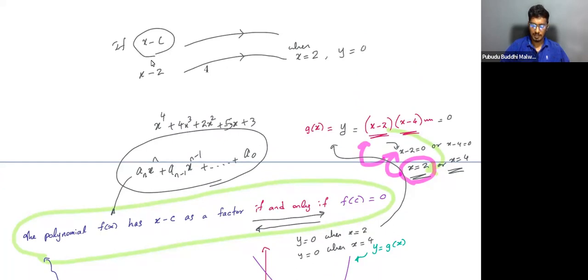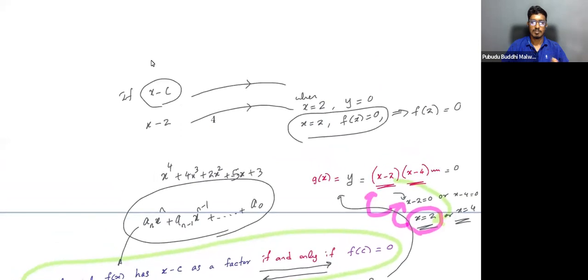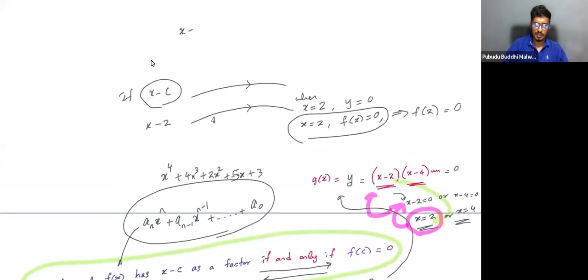In other words, when x equals 2, f of x equals 0. So we express that whole thing using function notation, f of 2 equals 0. So that's the idea. If x minus 2 is a factor, f of 2 equals 0. That's all we need actually.